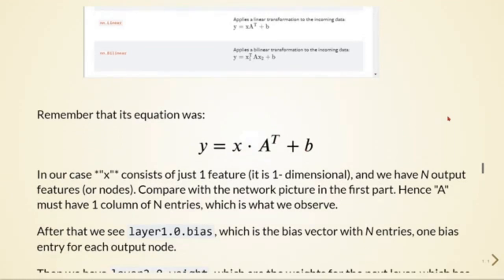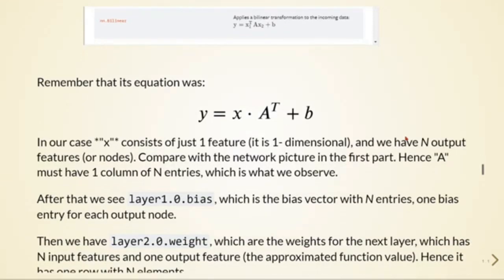In our case, x consists of just one feature. It's one-dimensional, and we have n output features or nodes. So you can compare with the network picture in the first part. And this matrix A must have one column of n entries, which is what we observe.